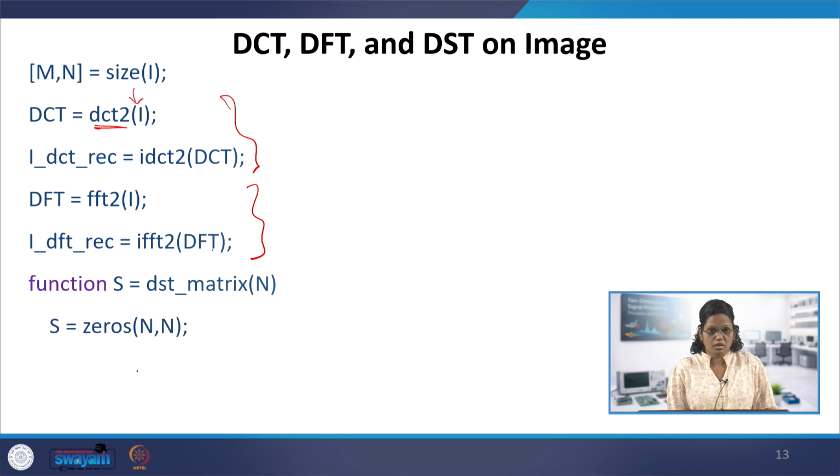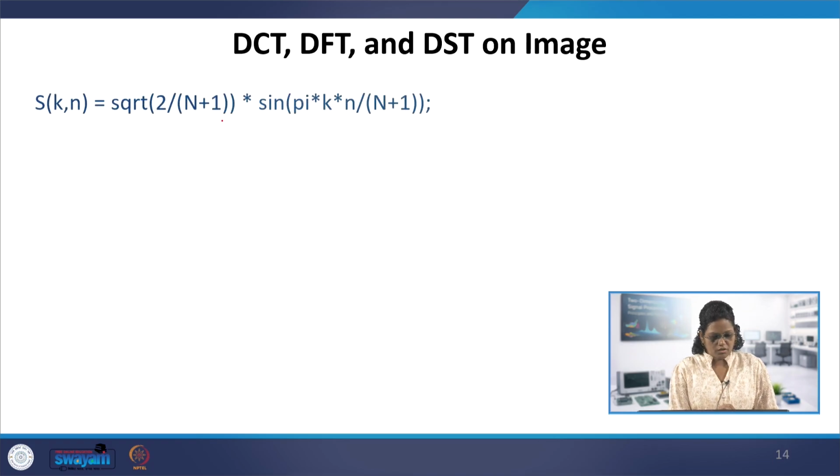So the function is made for obtaining the DST. Zeros of n by n, n cross n, and k is varying from 1 to n. So n and k have the same meaning as in the equation. The kernel matrix here is square root of 2 by n plus 1, and sine of pi times k times n by n plus 1.